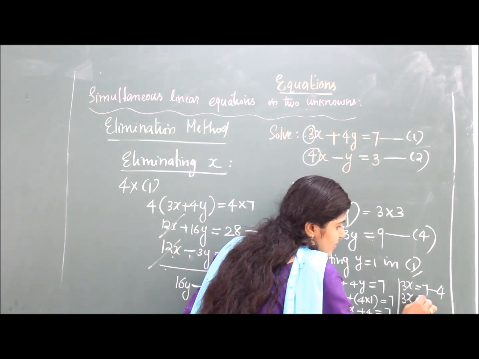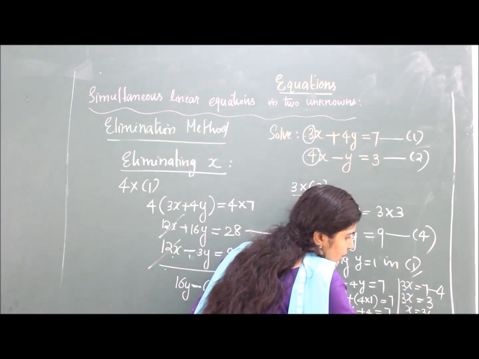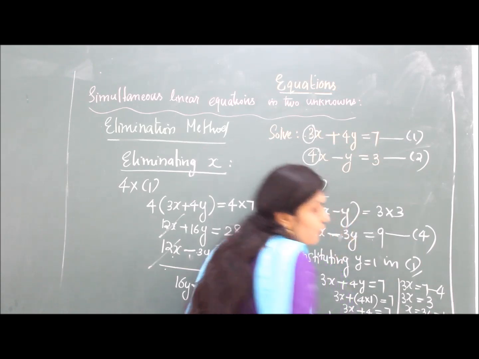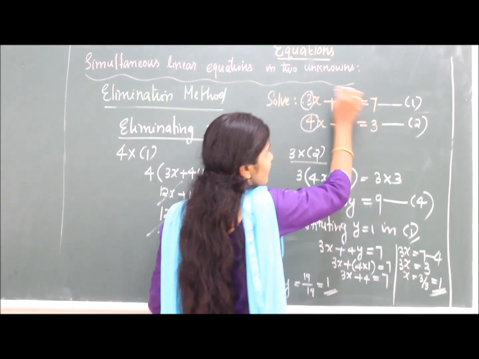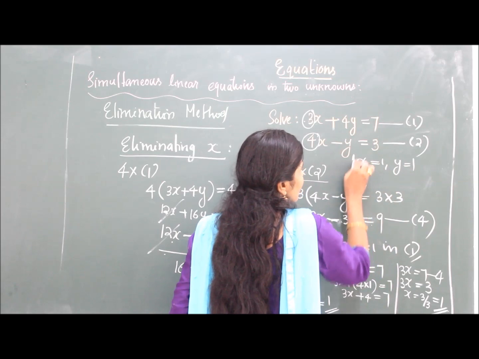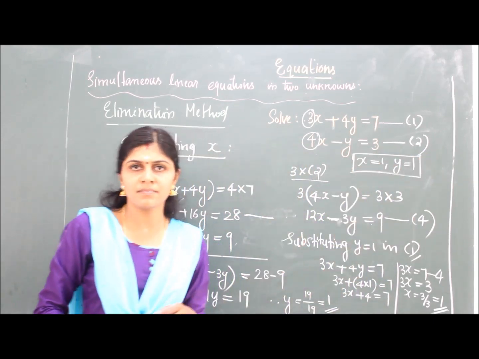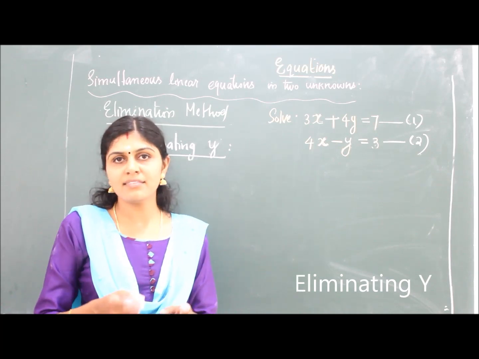So 3x is equal to 3, which gives x is equal to 3 by 3, which is 1. Okay? So the solution of this system of equations is x is equal to 1 and y is equal to 1. Now we can do the same problem by eliminating y also, as I told you.